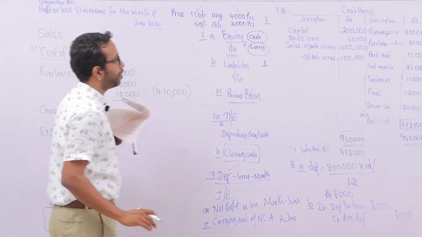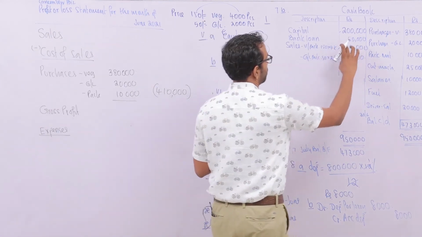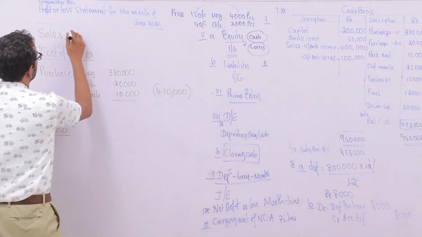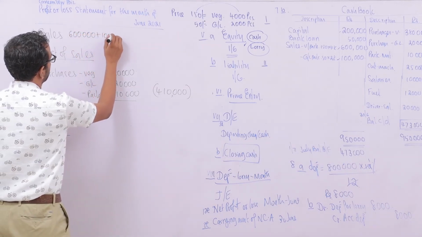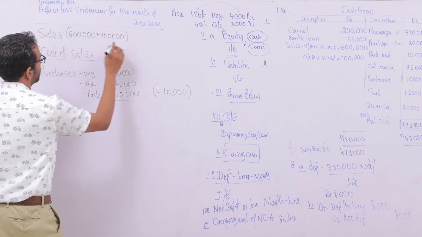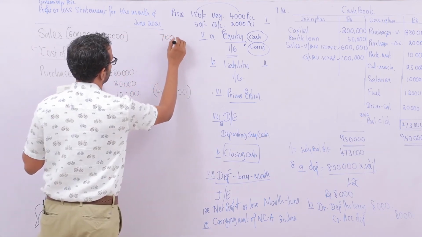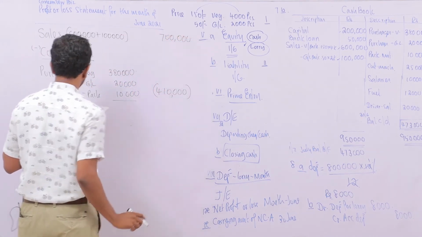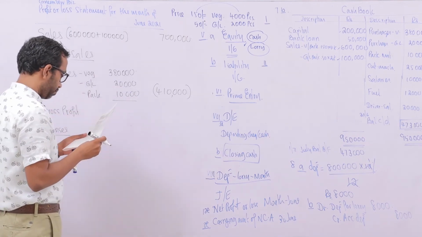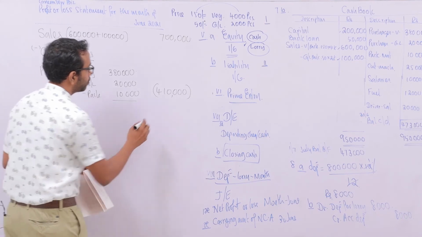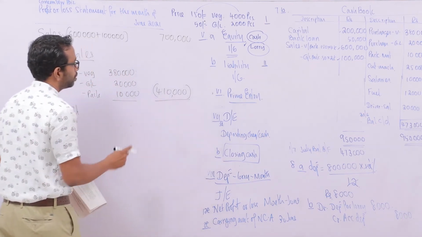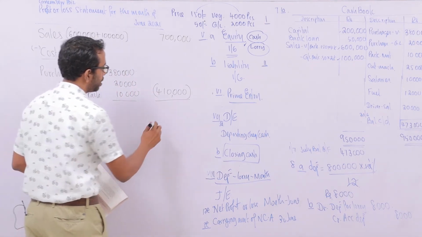Sales, you derive this figure from here, 600 plus 100 is 700,000. And then you take the gross profit, this difference, 700 minus 410 is 290.